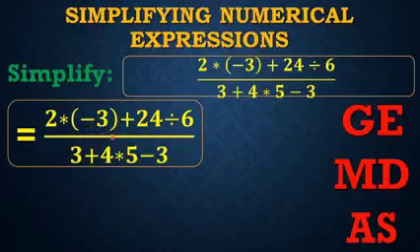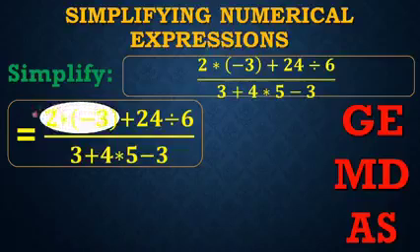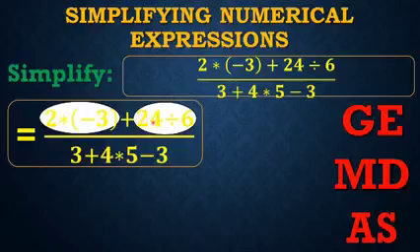So we move on to either multiplication or division. In this grouping, we work out the numerator and the denominator. In the numerator, we will multiply 2 times negative 3, and we will divide 24 by 6. In the denominator, we will multiply 4 and 5.